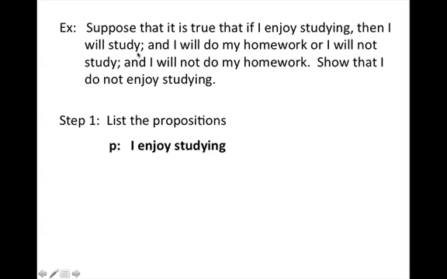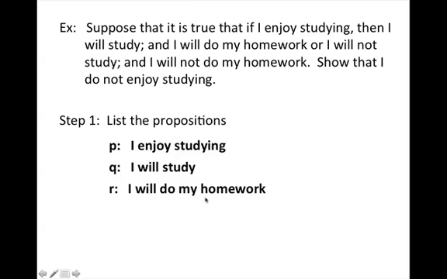Next, I will study. This is different. Enjoying studying and actually studying are 2 different concepts. So I will study is going to be my Q. Next I have I will do my homework. That hasn't been listed yet, so that's going to be my R. Then I have I will not study.